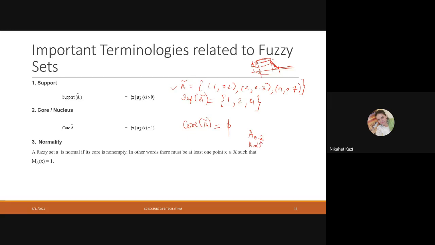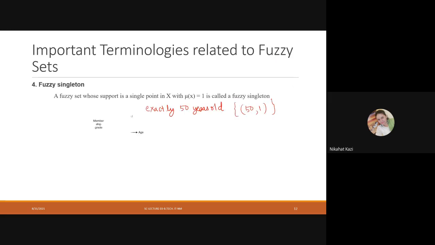It says that it is the set of all elements which belong to A which have a membership greater than or equal to alpha, right? Yes or no? It's the definition.